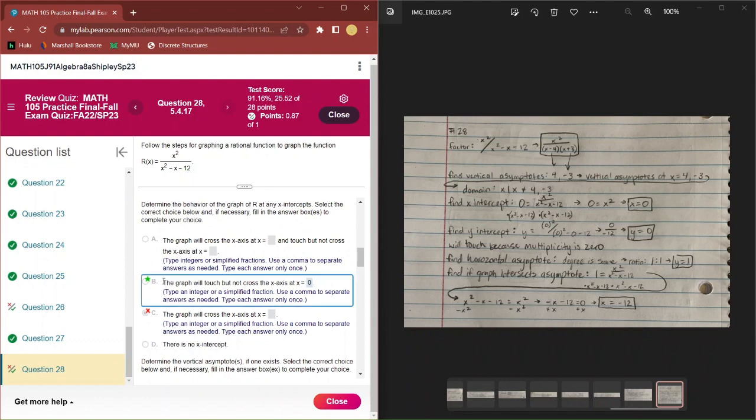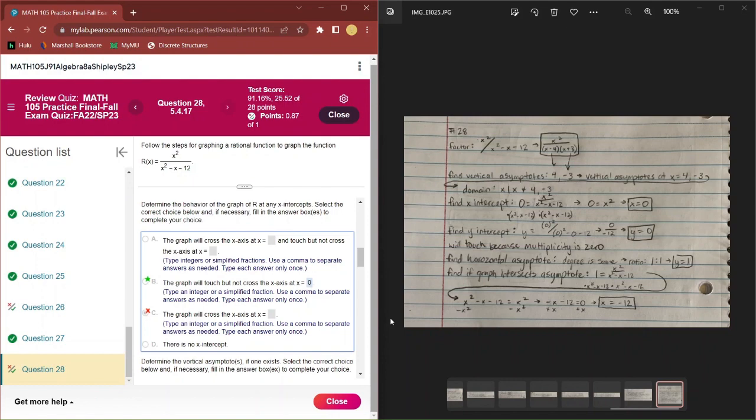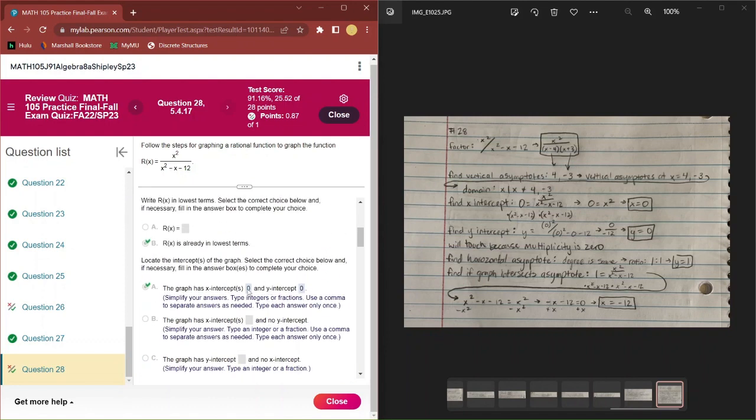The way you tell whether the graph will touch but not cross, or just cross, is you have to know the multiplicity of the intercepts. So in here, the roots are 4 and -3. But there's a 0 multiplicity of the x-intercept.